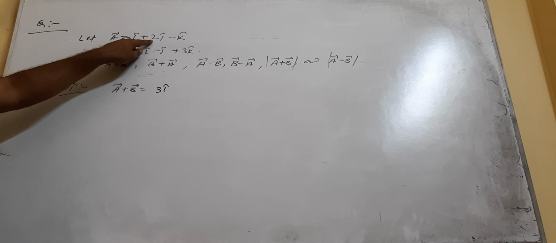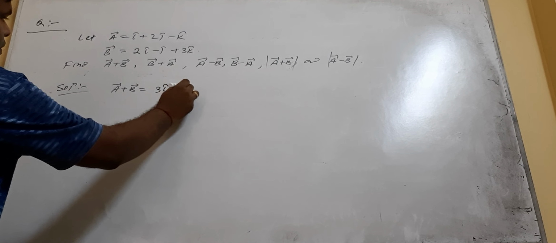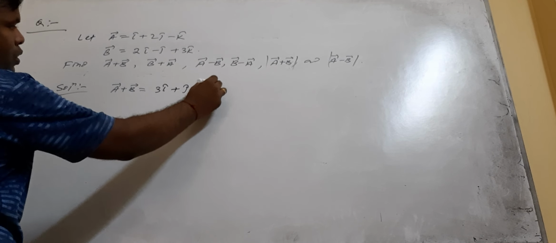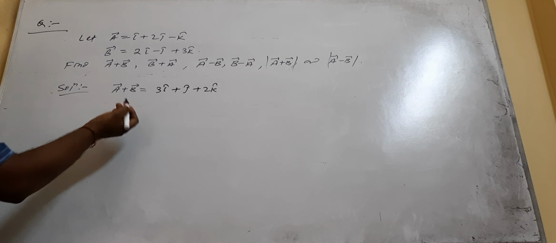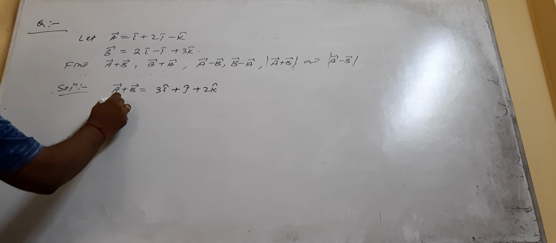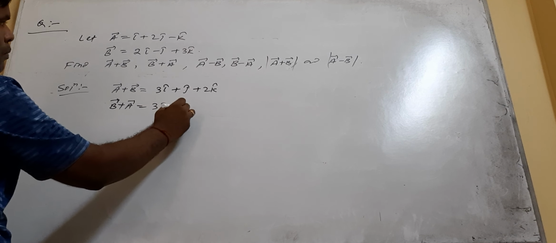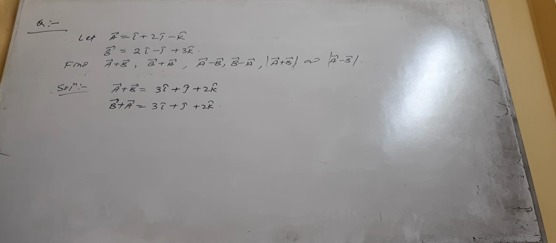And 2 j cap minus j cap is plus j cap. And here it is plus 2 k cap. Similarly, b vector plus a vector, you will get the same thing: 3 i cap plus j cap plus 2 k cap.